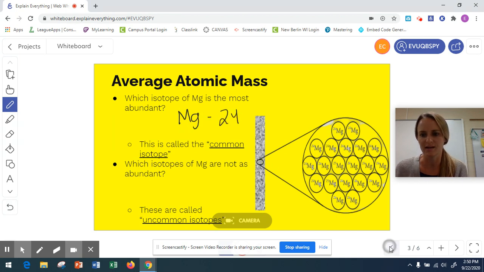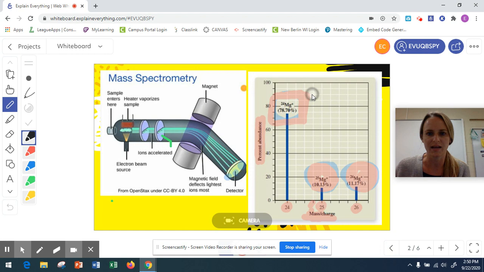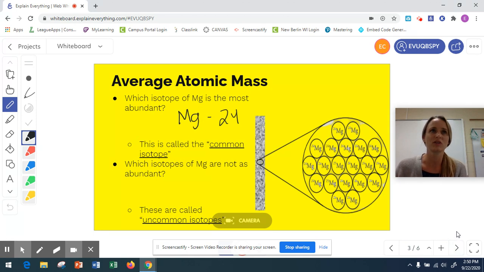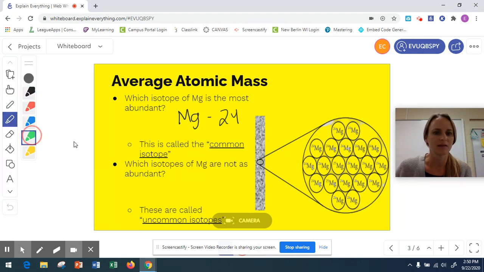We also looked at data that confirmed on this slide that magnesium 24 is much more abundant. What that means is if we took a sample of magnesium from the Earth, the majority of those magnesium atoms are going to have 12 neutrons, or a mass number of 24, which is why we call this the most common isotope.